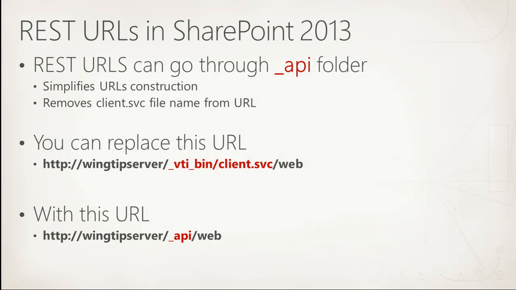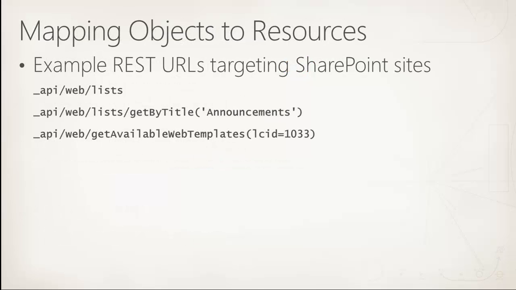But what we want to do is use _api/web. Here are some examples of what we can get inside there. _api/web gives me information about the current site. _api/web/lists gives me information about the lists. So learning all the different ways that SharePoint does the object mapping is what's going to be important to you.